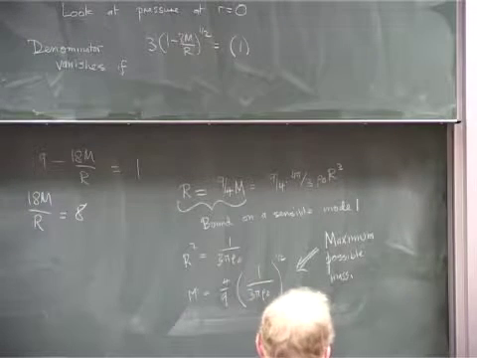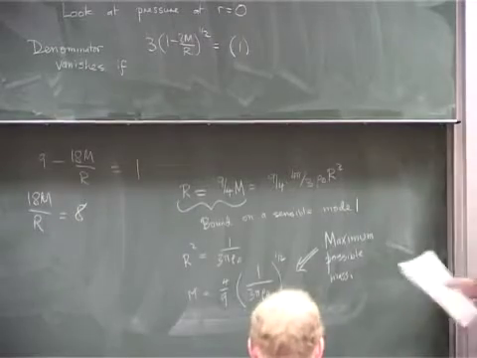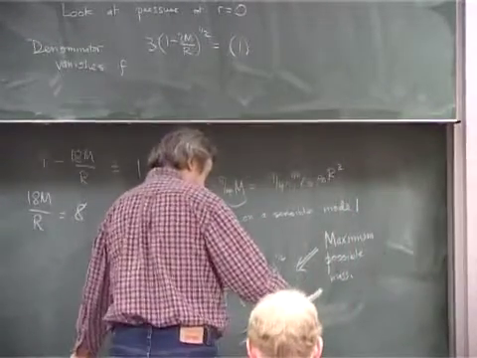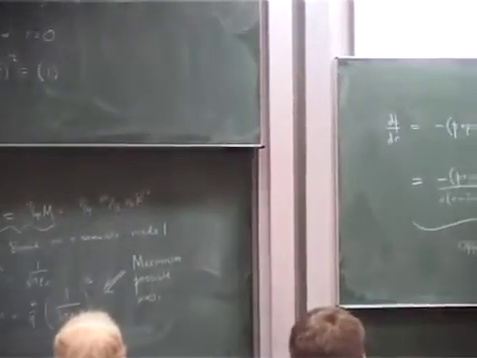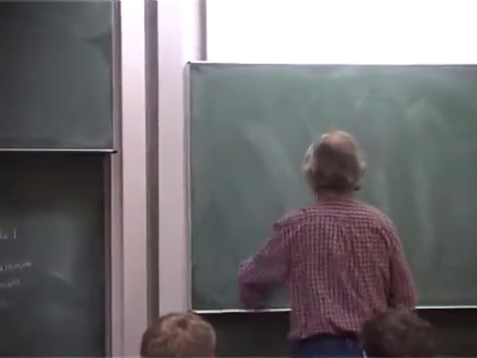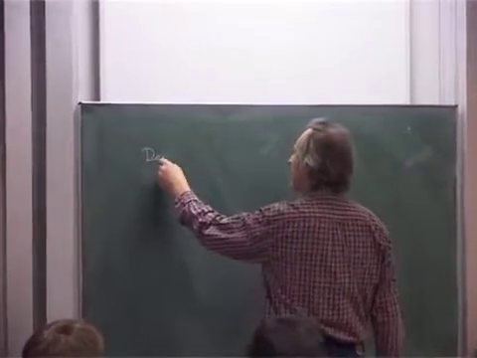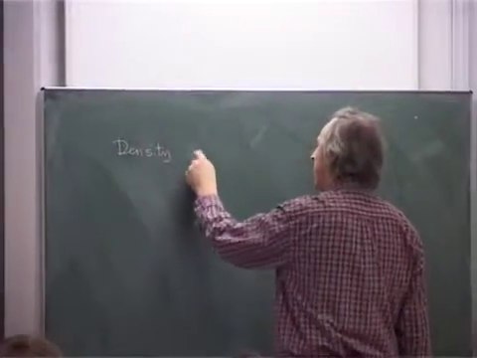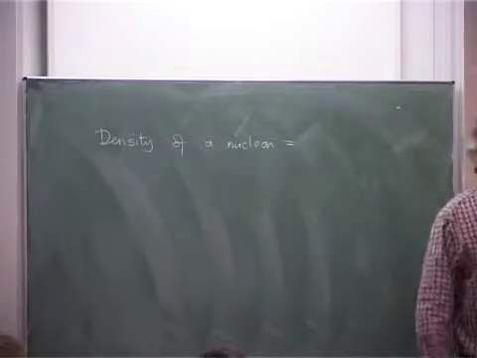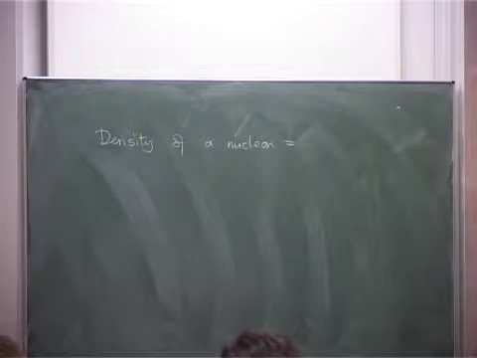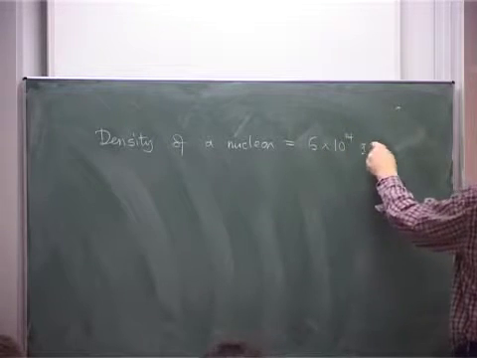So for our toy model, let's try to evaluate that in terms of some numbers. Nuclear matter, meaning the density of a nucleon, well, that's the mass of a nucleon divided by the volume of a nucleon. Everybody knows that this is roughly 5 times 10 to the 14 grams per cc.